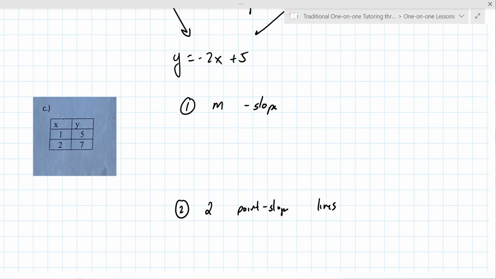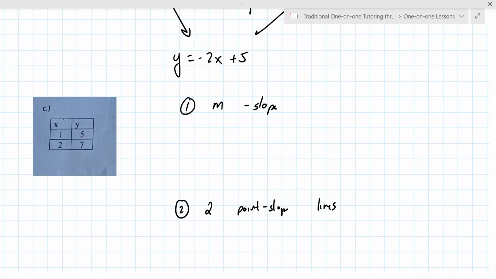X2 equals. I got like a 2 is the slope. 2 is the slope, yes. And then points of forms.